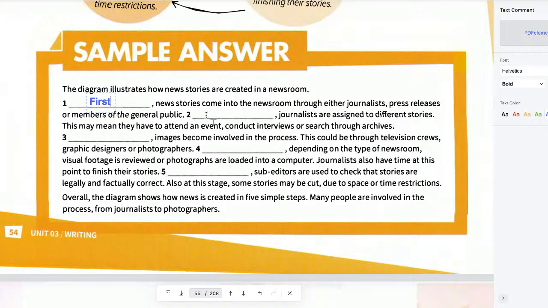Okay, you see all the time markers here. First, after that, next, then, secondly, thirdly, something like that. You choose some words here, you put them here. Okay? So normally at the beginning you have to use first. But read through everything before you choose the second one. Read everything and think, okay, which words make sense? Read carefully.